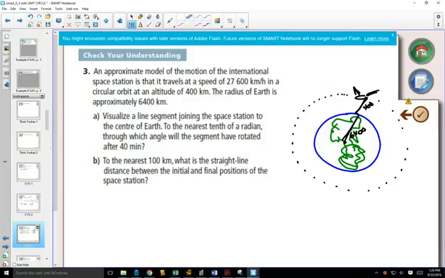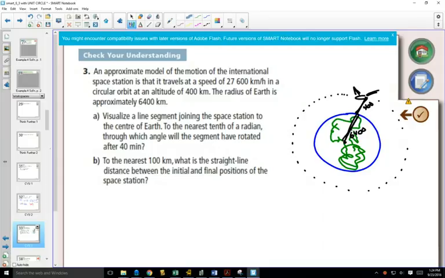Should be straight, but there we go. There's the line segment. And that line segment would be how long? 6,800 kilometers. We just have to add the 400 on to the 6,400. The reason that's important is now we know that the space station is traveling in a circle, and that circle has a radius of 6,800 kilometers.